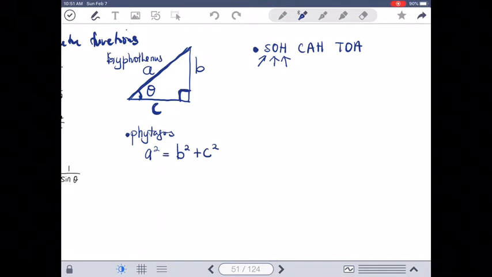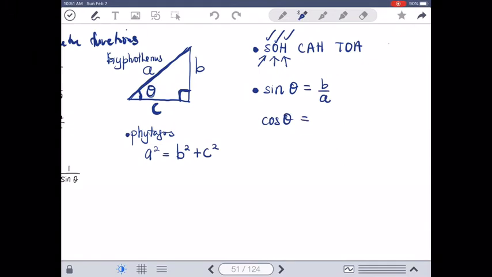Very important. For example, if you want to have sine theta, this is just equals to opposite over hypotenuse. In this case, opposite of theta is B, over hypotenuse A. So this is just B over A.